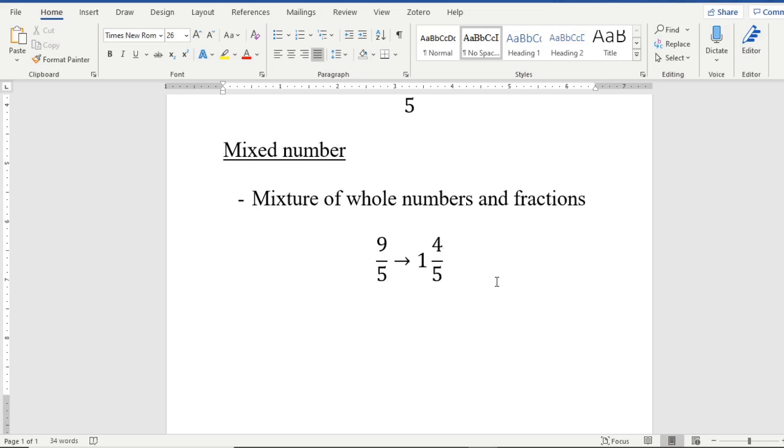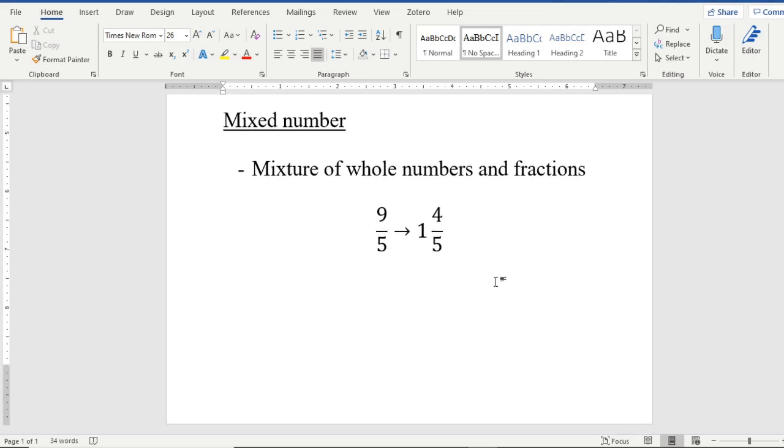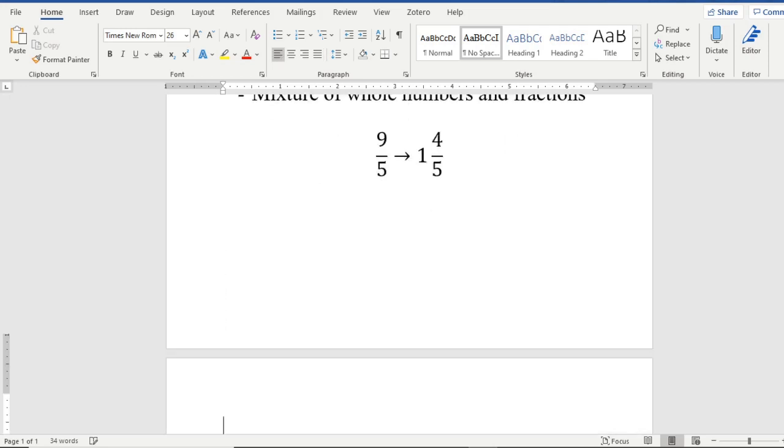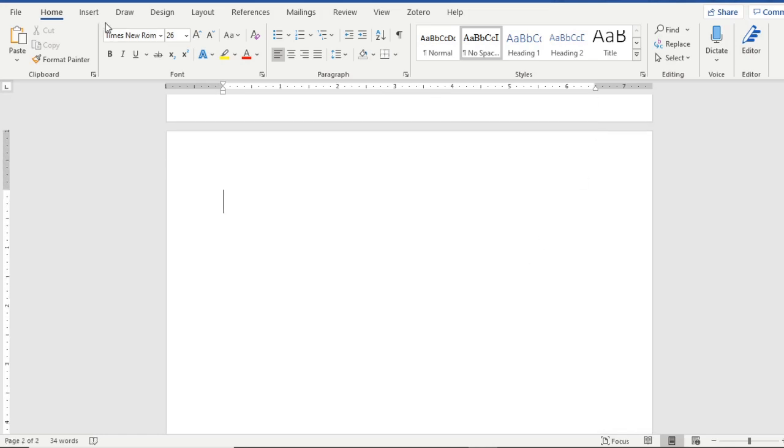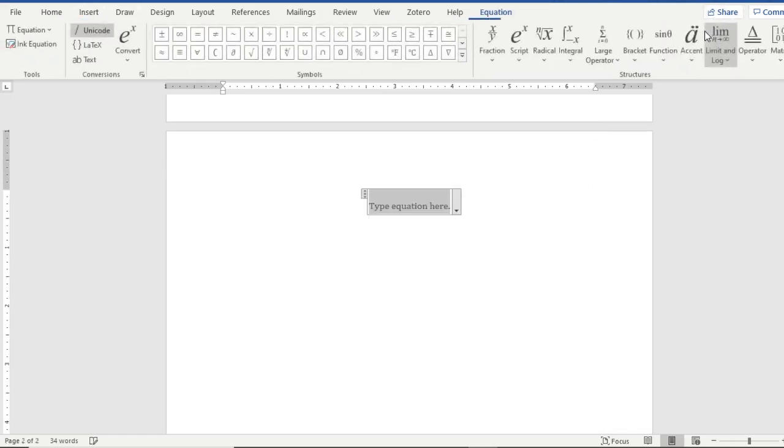So let's get another example to convert from improper to mixed number. So another improper fraction we can look at would be 6 over 4. Okay, so 6 over 4. Well, 4 goes into 6 once, and there are 2 left over, so that's 2 over 4.